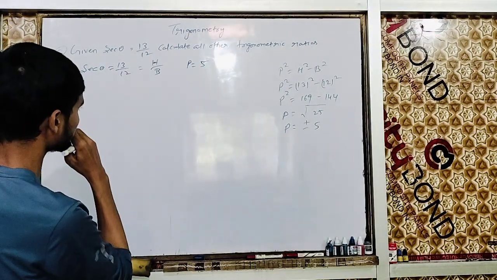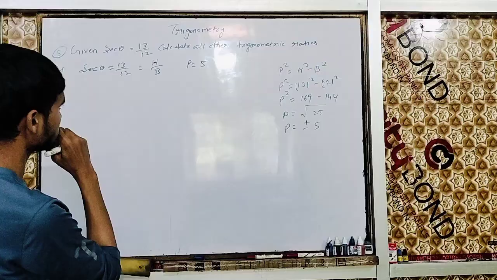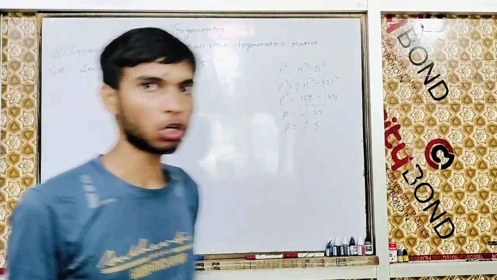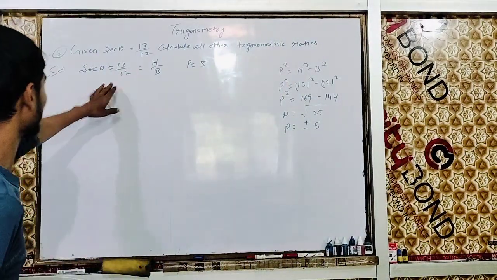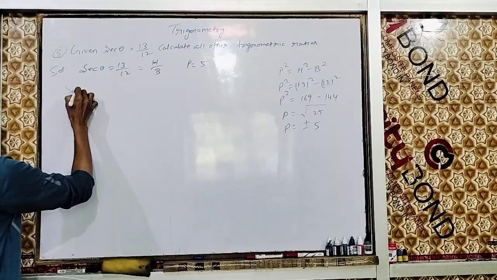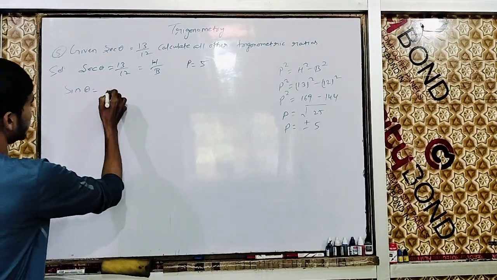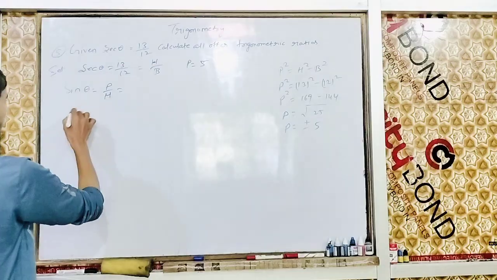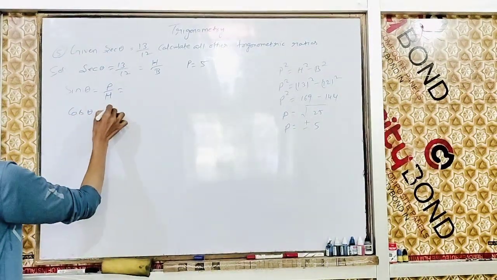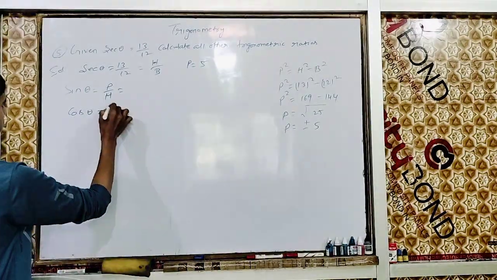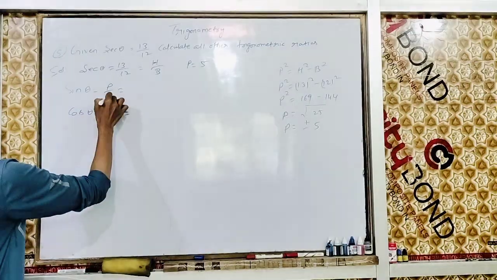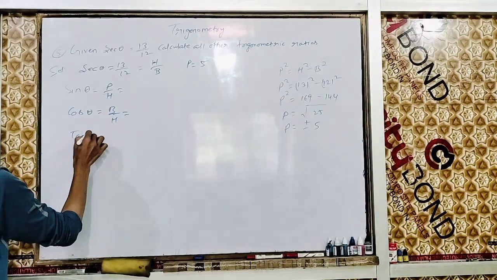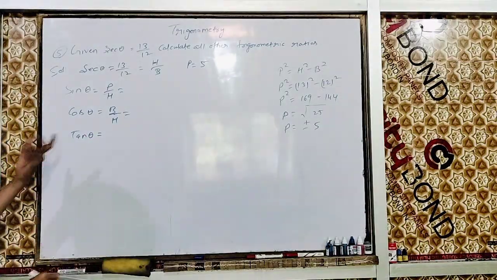Now what else? Now we are able to calculate all trigonometric ratios apart from this. So let's start from sine. It is nothing but p upon h. Then cos theta is b upon h, and then we have tan. Tan is nothing but p upon b.